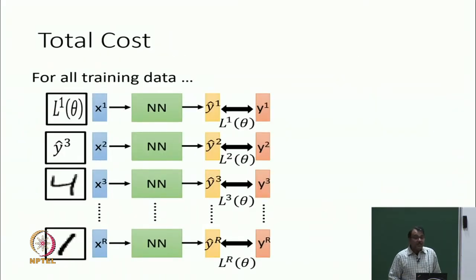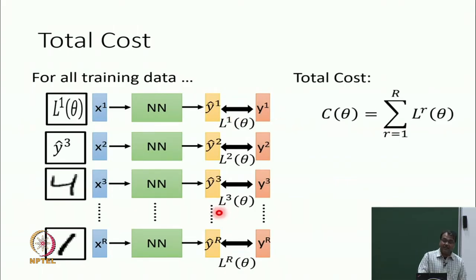Okay. Now I am given many training data points, and for these many training data points I can compute many loss functions. So we use the term y1 is the true label and y hat 1 is the predicted label or predicted probability distribution. So for example, in this case, if the input is 4, that is x3, whatever is the probability distribution, that is the output, that is y hat 3, and then the final target is y3, and then there will be some loss between the two.